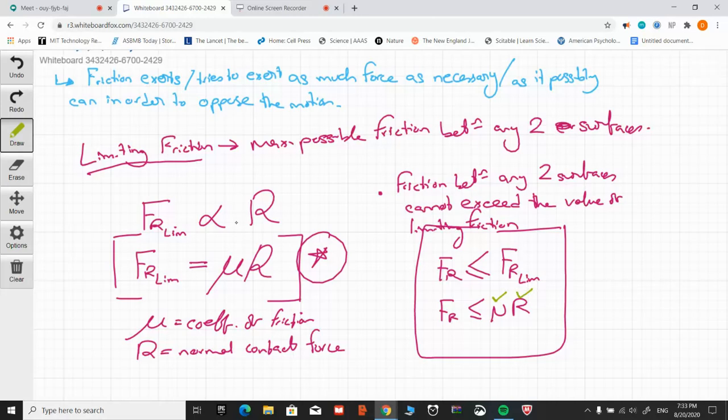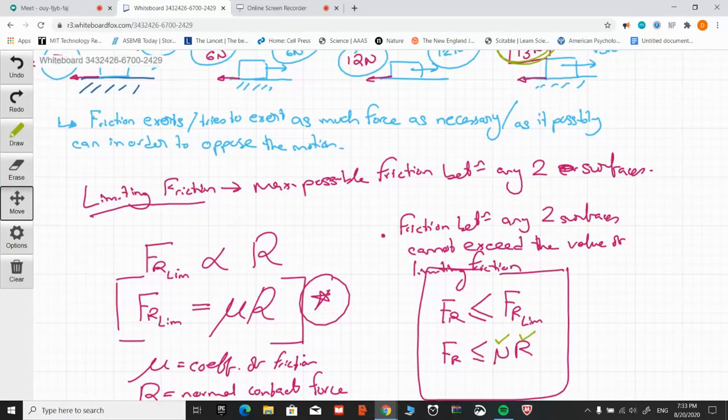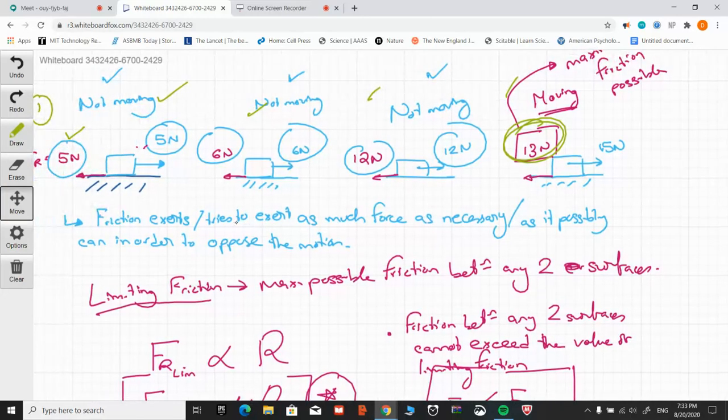So understand one thing: limiting friction will not always act, guys. Limiting friction is theoretically there. For example, in every one of these cases, the value of the limiting friction is 13. As long as the surfaces are the same, the value of the limiting friction is 13. But was 13 required in all the cases? No. 13 was only required in the last case.